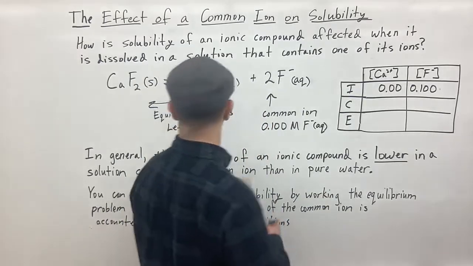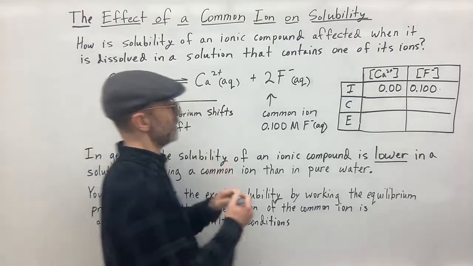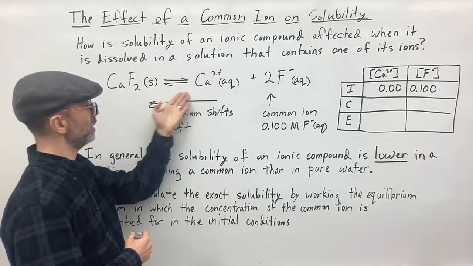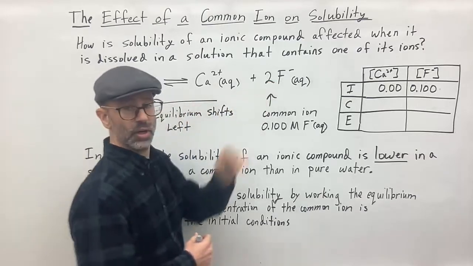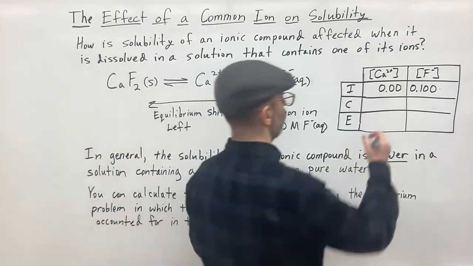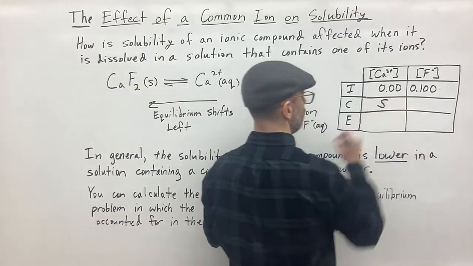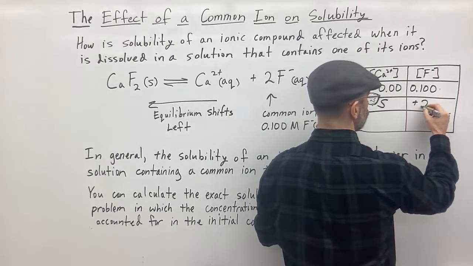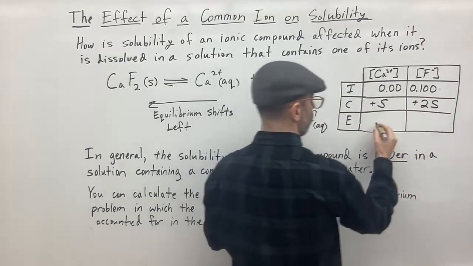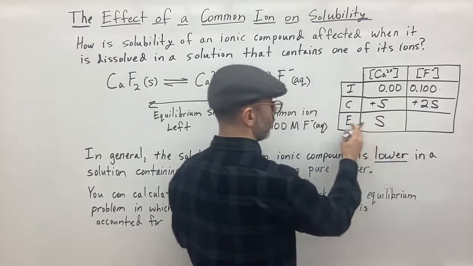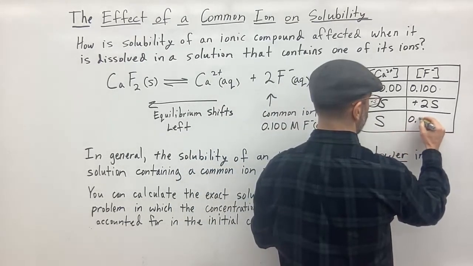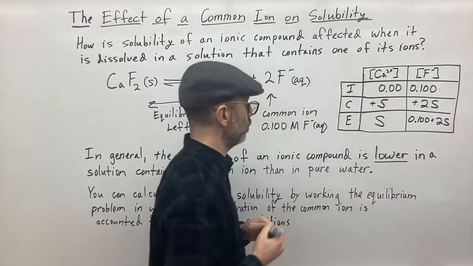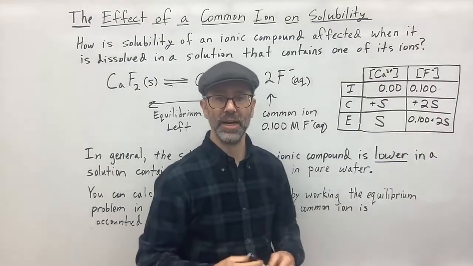This would be S because there's a 1 mole to 1 mole ratio stoichiometrically, and 1 mole to 2 moles for the fluoride ion. So for the change, I would have plus S here, and additional 2S here. Then this would be S at equilibrium, and this would be 0.100 plus 2S for the equilibrium fluoride ion concentration.